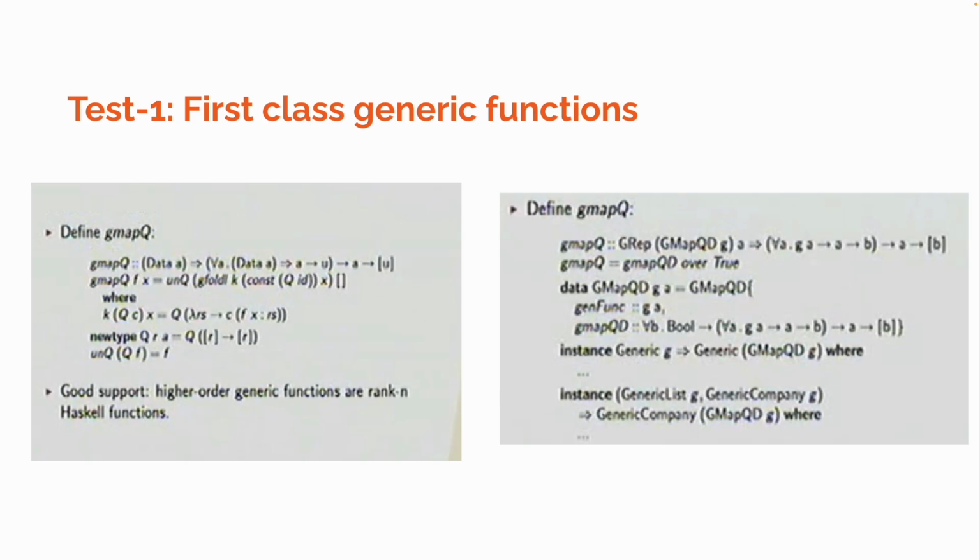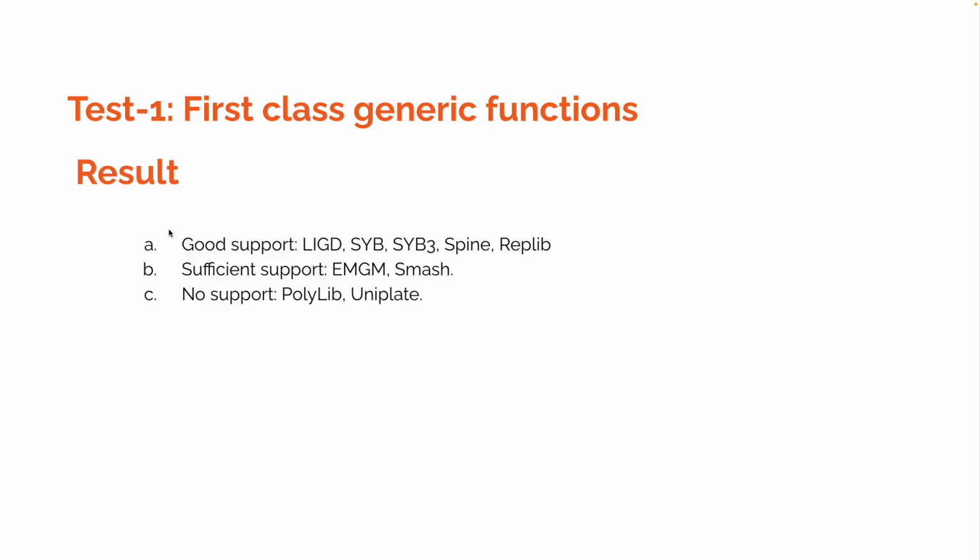So to summarize the comparison, we have three different categories. One is basically excellent support or good support. Libraries like SYB, LIGD, Spine, they have good support, which we haven't tested in our presentation, but these are there in the code, which I'm still trying to test successfully.